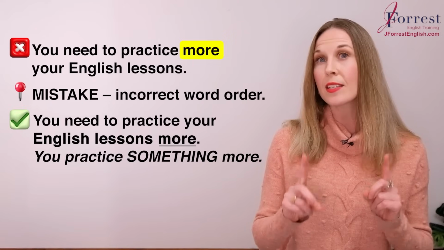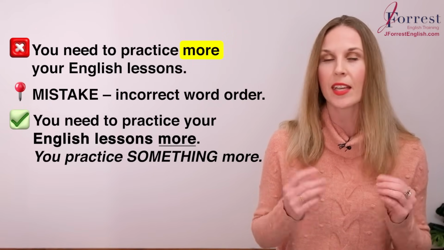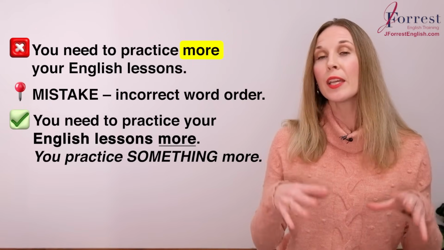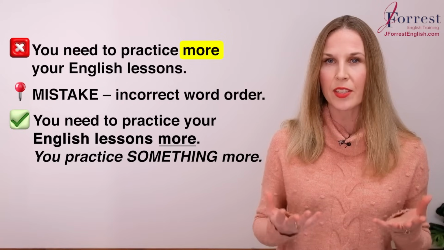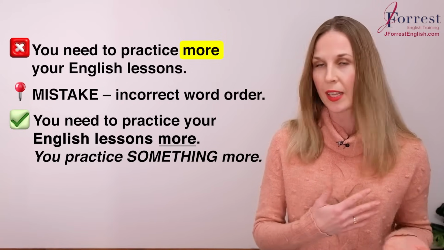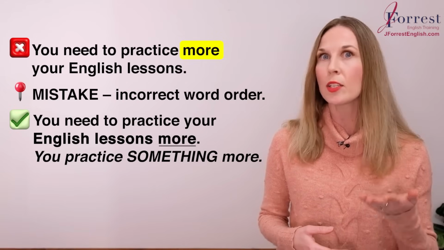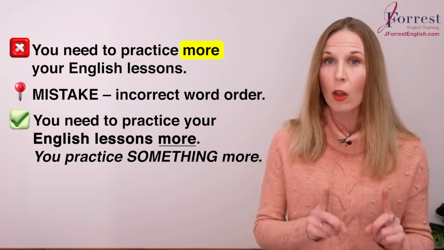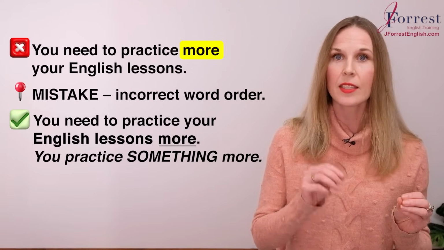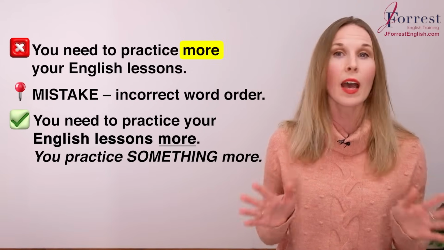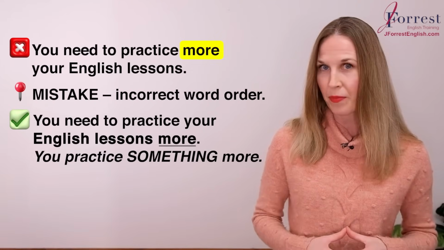You practice something, your English lessons, more. Now, if the something is obvious, you're talking about English lessons, you don't need to specify that. You could simply say, you need to practice more. So you can also use practice more, but without including the something.